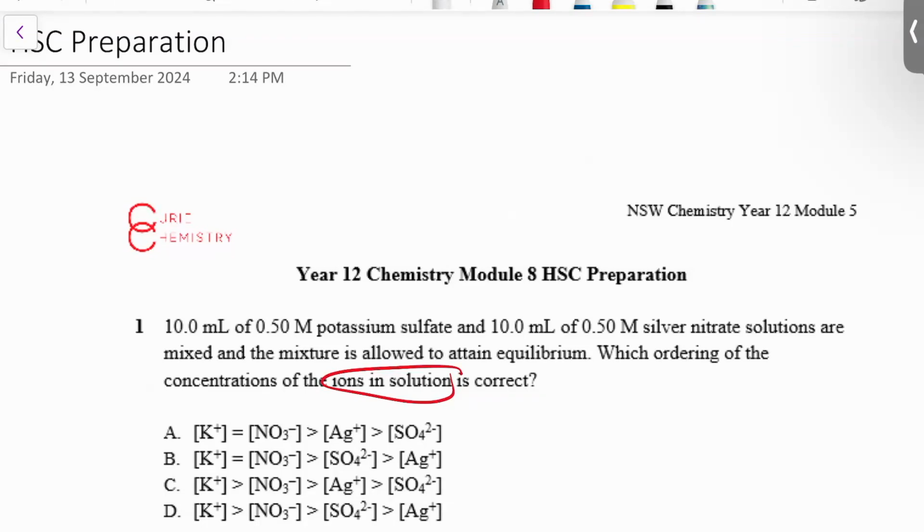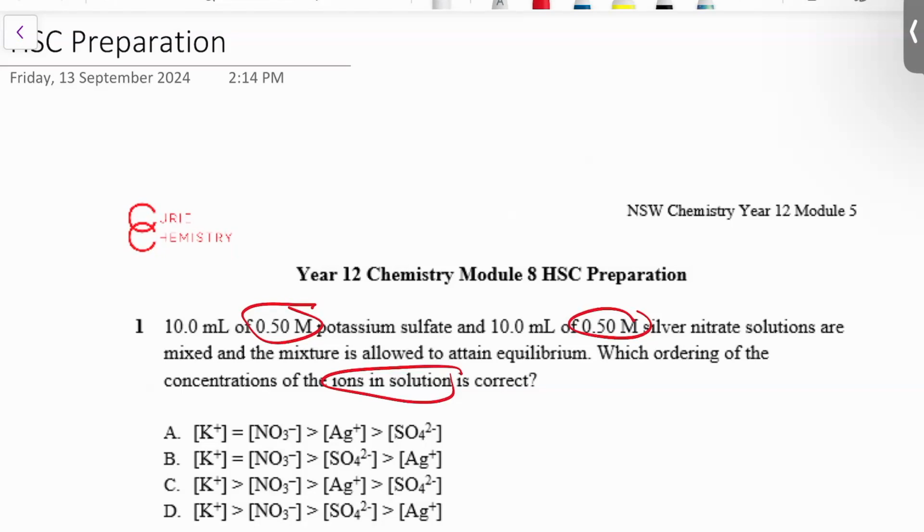Now, in this case, you're mixing potassium sulfate and silver nitrate. Couldn't we just take these concentrations and multiply them by however many potassiums there are in 0.5 molar potassium sulfate?